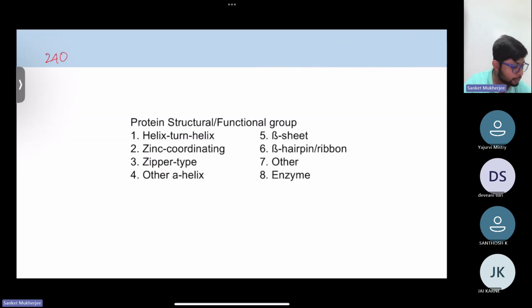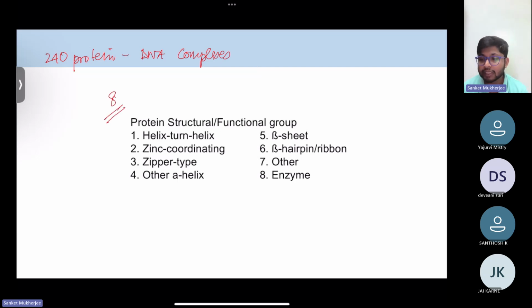240 protein DNA complexes were studied. Based on the structural analysis of these 240 protein DNA complexes, there were 8 major structural or functional groups of DNA binding proteins.